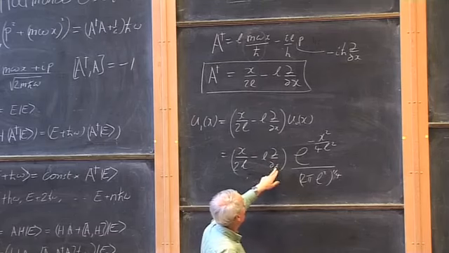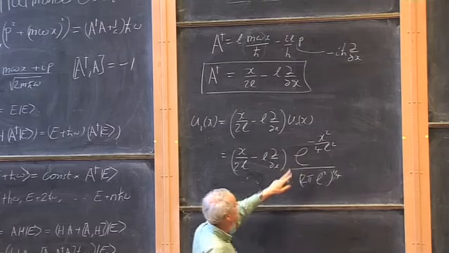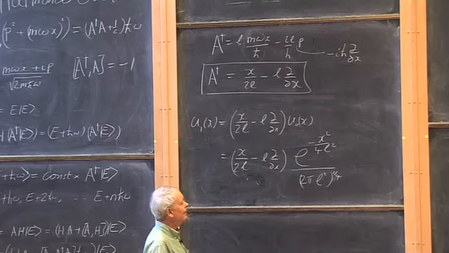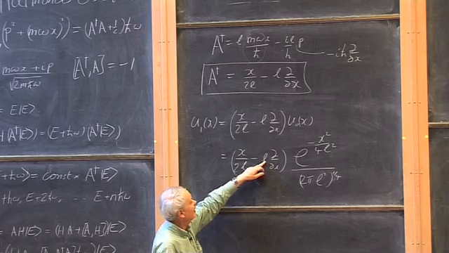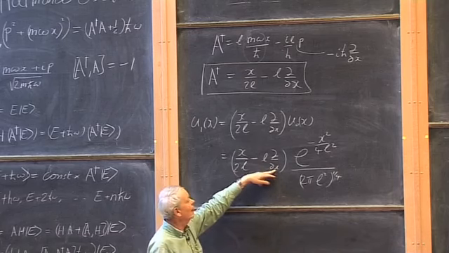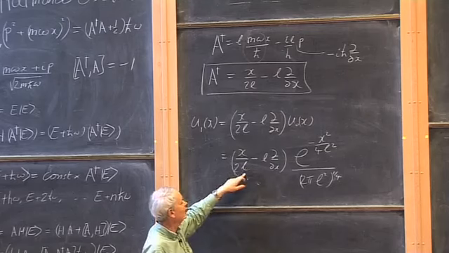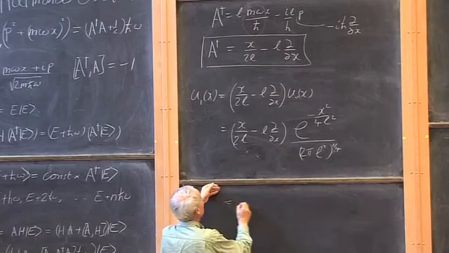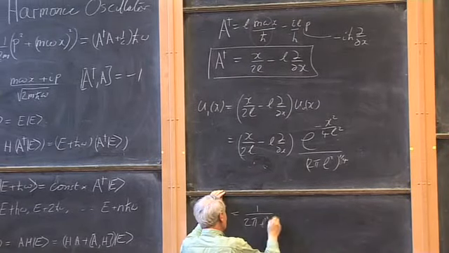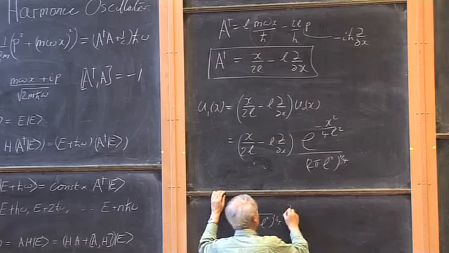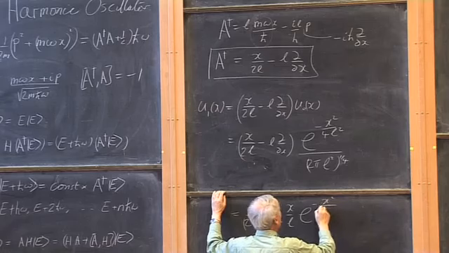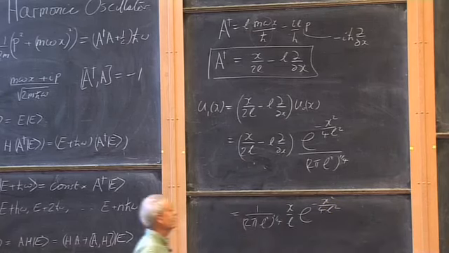When we do this differentiation, we're going to bring down a minus x over 2L squared, and this L will cancel that, and we'll have an x over 2L coming from here. We've got an x over 2L coming from there. So the whole thing at the end of the day is 1 over (2π L squared) to the 1/4 power, times x over L, times e to the minus x squared over 4L squared. That's the first excited state wave function.